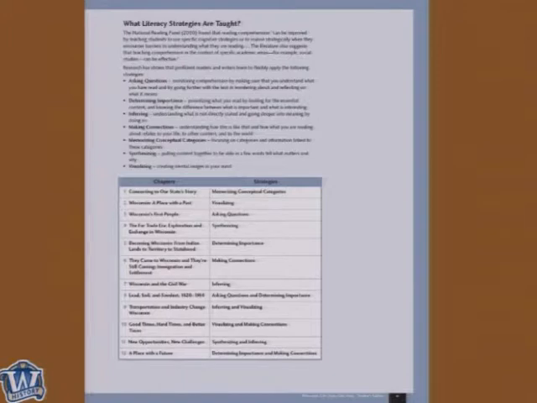So for instance, in the first chapter, which is Connecting to Our State Story, the chapter that I talked about with Thinking Like a Historian, the idea is memorizing those conceptual categories. So students have them right at their fingertips to use in the rest of the book. That's the only kind of memorizing we want students to do. Just the methodology. The rest is to understand how to apply it.